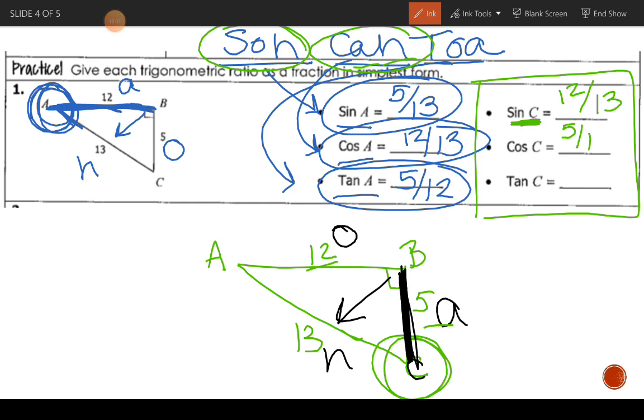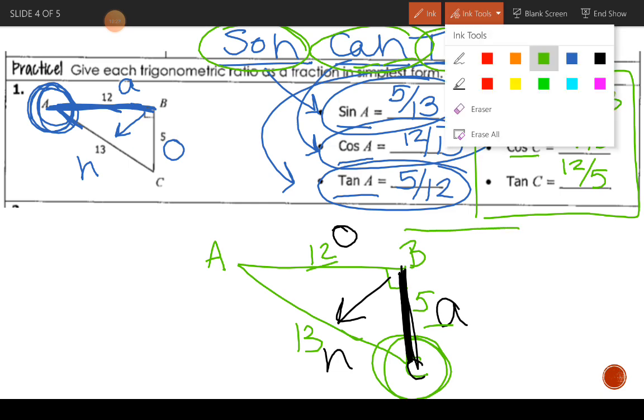My hypotenuse is 13. So the cosine of C is going to be 5 over 13. And then tangent of C, tangent is TOA, so opposite over adjacent. Well, opposite is 12. Adjacent is 5. So there are our trig functions.